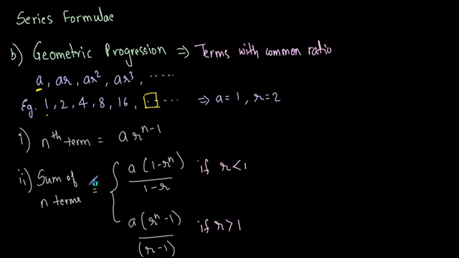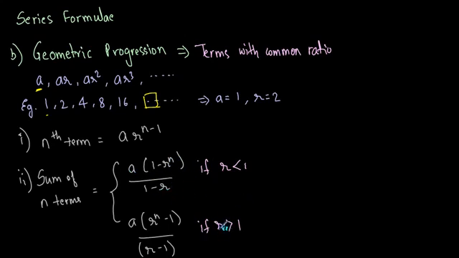And if you have to find the sum of n terms in a geometric progression, then we have two cases. If the ratio is less than 1, that is, the series is in a decreasing order, then you use this formula: a into 1 minus r raised to n divided by 1 minus r.